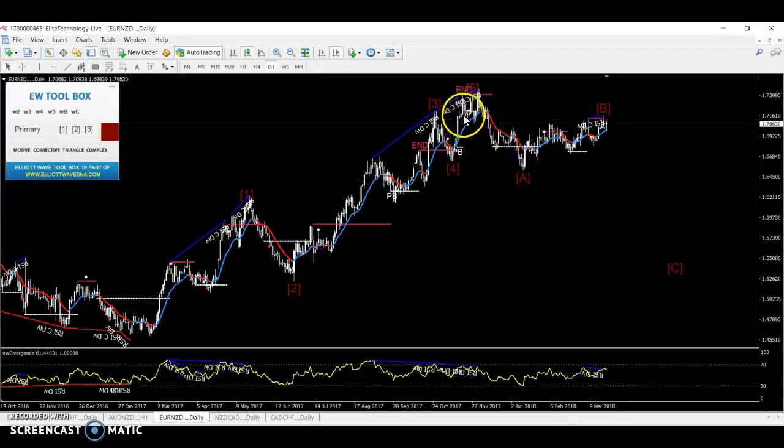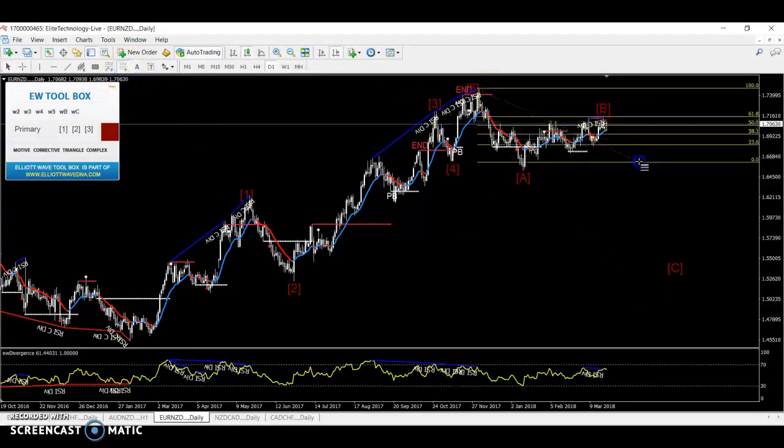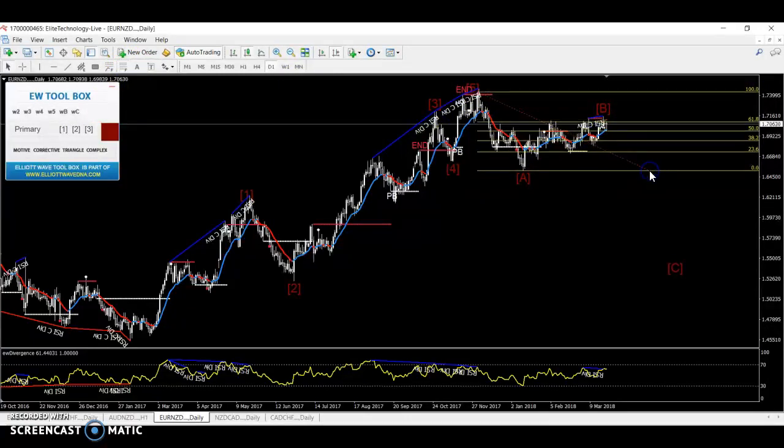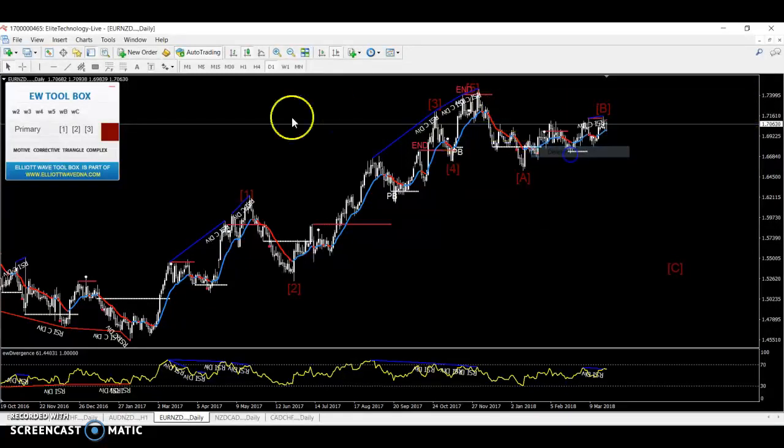Now you look for the ABC pattern. So you see an A, a B, and then you should see another C down. So we're tracing the wave A. As you can see, it hits just about exactly that 61.8 level. So at this point, you should be looking for a push down.